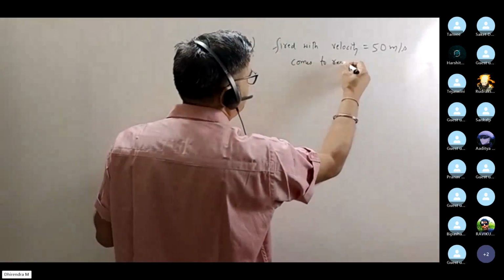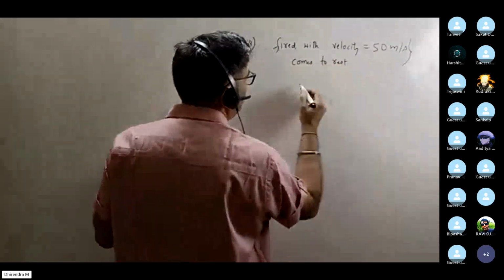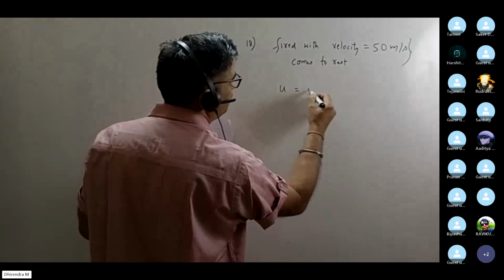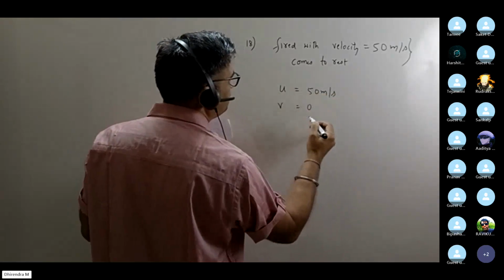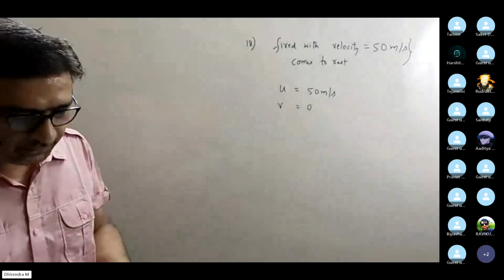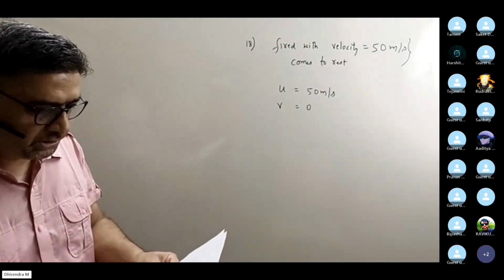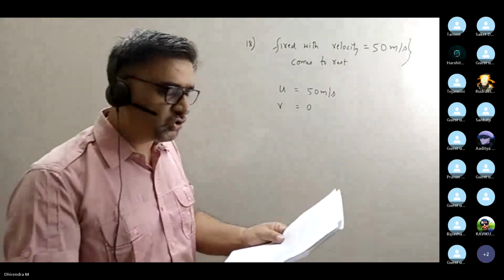Obviously it will stop somewhere, comes to rest. So from this much information, can we not conclude that u is equal to 50 meters per second and v is equal to 0? Absolutely clear, everyone? Yes, sir.